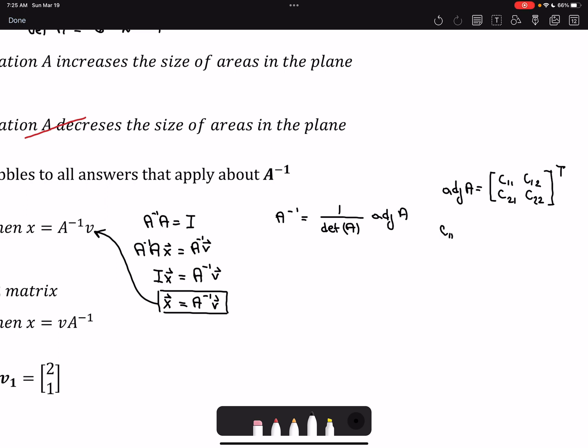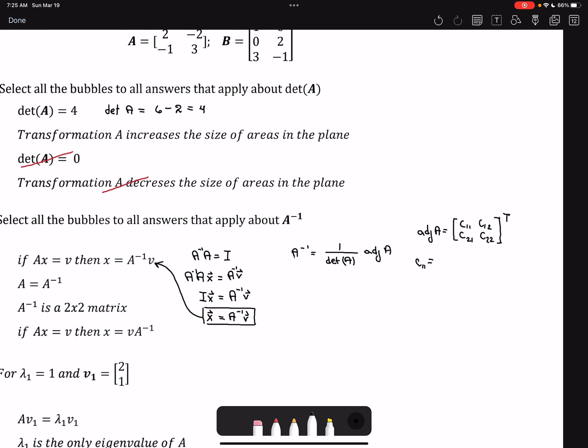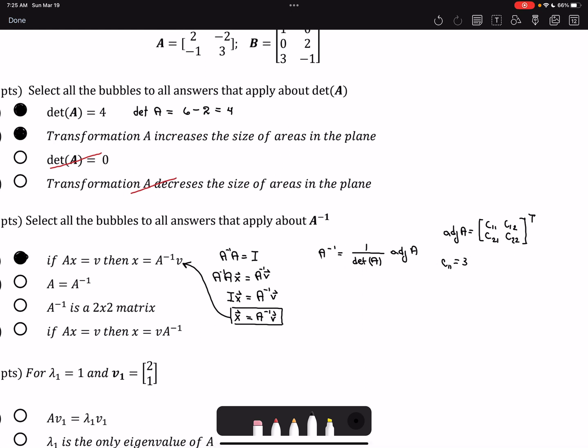So C11 is 3, because I eliminate the row and column that correspond to row 1 and column 1, and what remains is the submatrix 3.